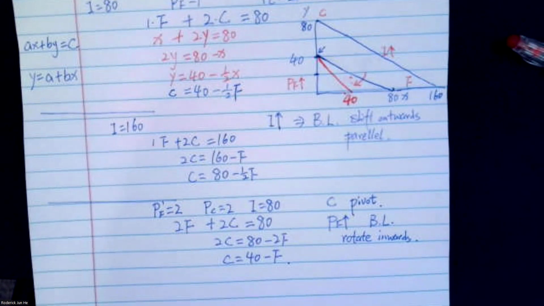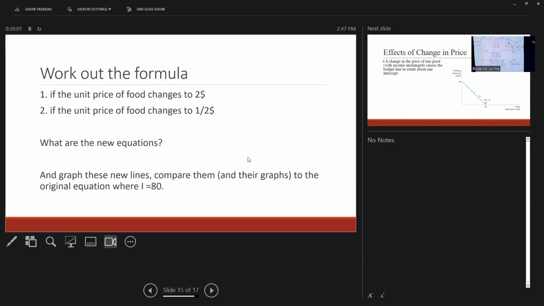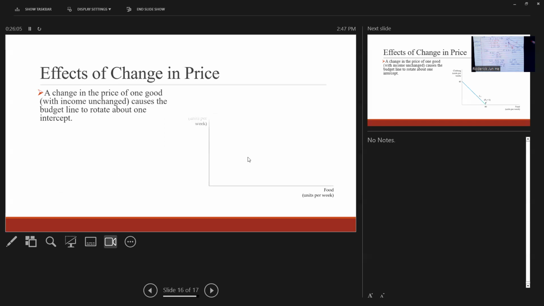Okay. And then let's look at the other case. If the food price decreases, still the pivot point will be the clothing intercept, but in terms of the food aspect, we are becoming more affordable, right?